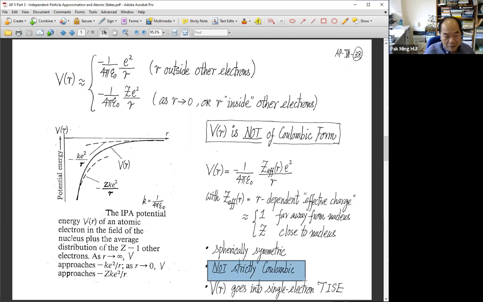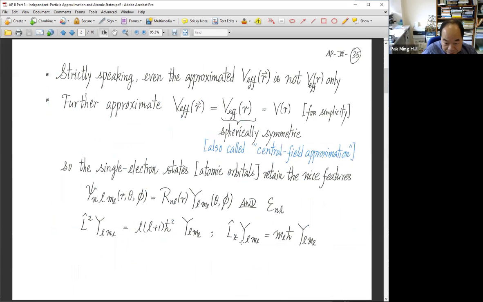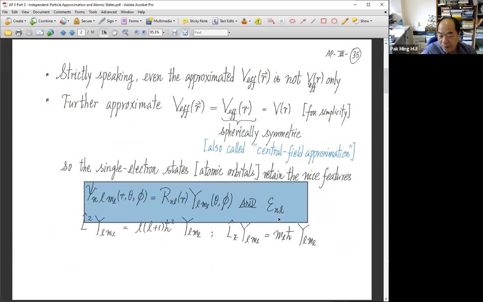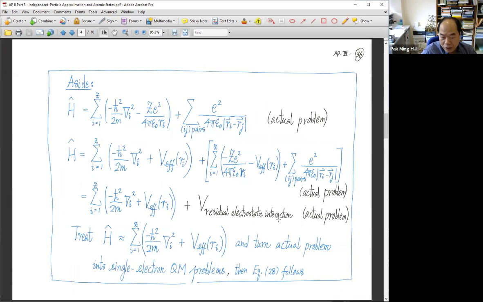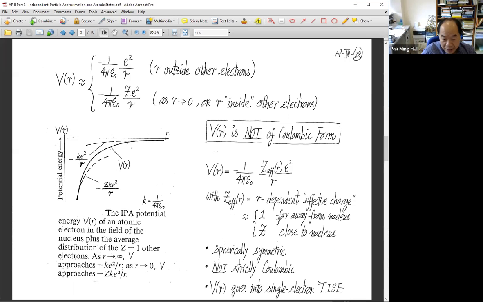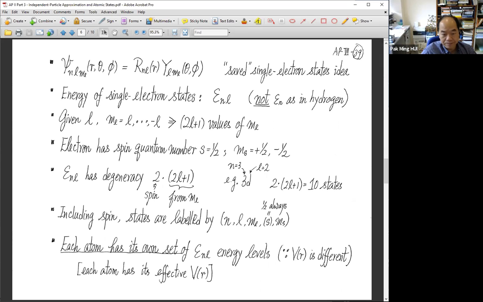And therefore, we can only say this about the atomic state, okay? And the energy will depend on n and l because it's not strictly Coulombic due to the screening effect in many-electron atoms, okay?